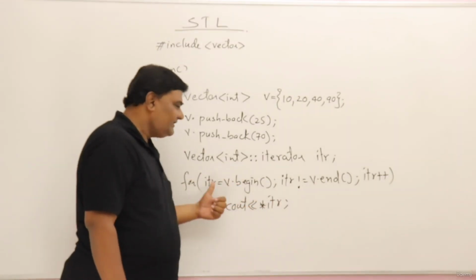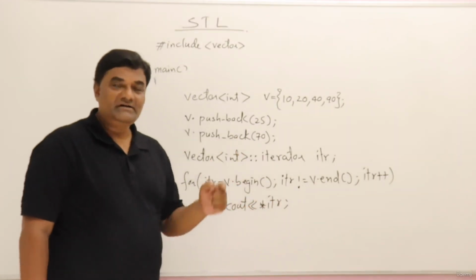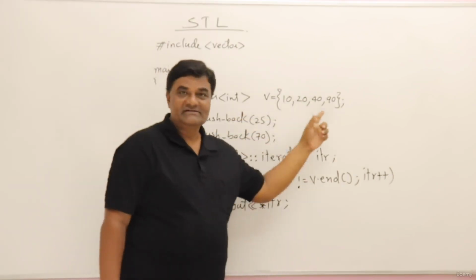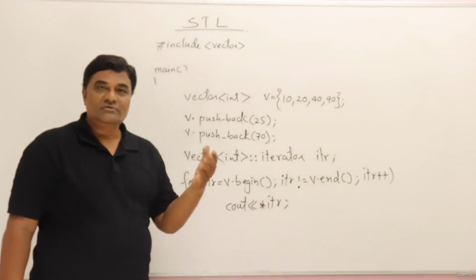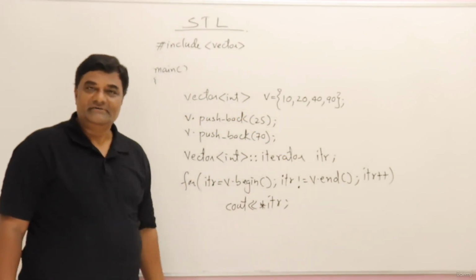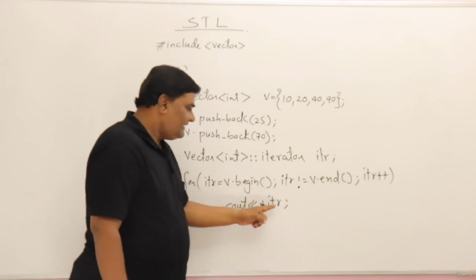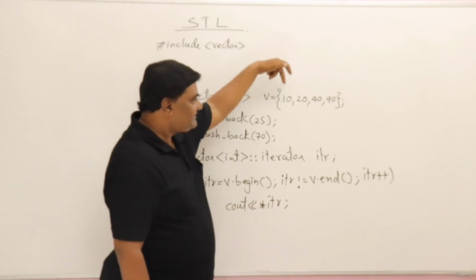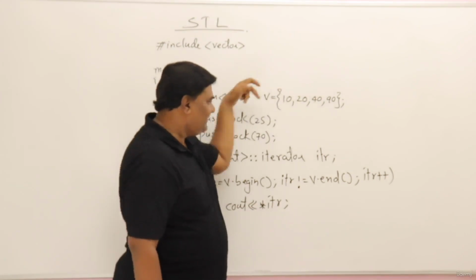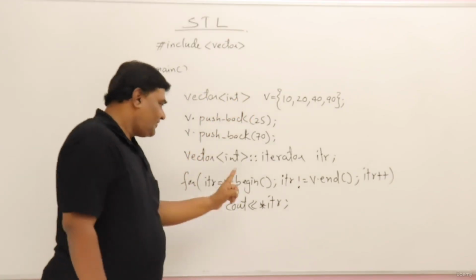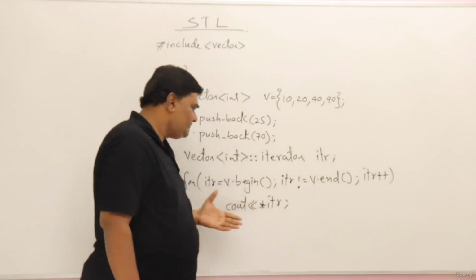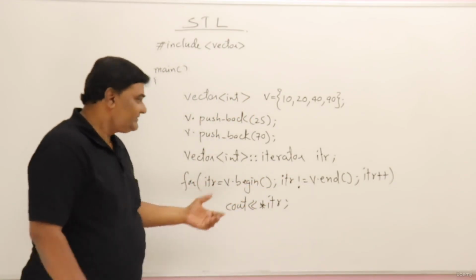I have to use star because an iterator is like a pointer to the elements inside this collection. So I can dereference and display the item. Now this iterator itr will be going through all the elements 10, 20, 40, 90 and 25, and so on, from beginning to end. So using a for loop we can write this. So this is an iterator.